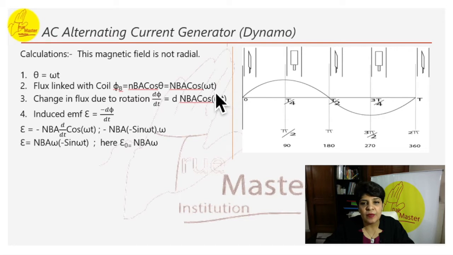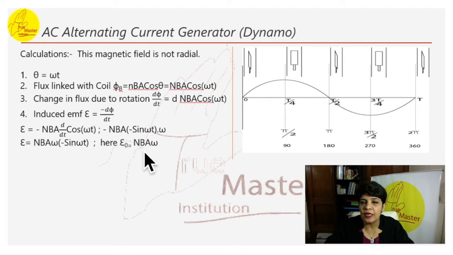When theta is replaced by omega t, and we say change in flux due to rotation, then d flux by dt is equal to d(NBA cos omega t) by dt. We know d flux by dt can also be written as induced EMF E. So we can say E is equal to minus NBA d by dt of cos omega t, which can be written as NBA sine omega t into omega, taking omega down.